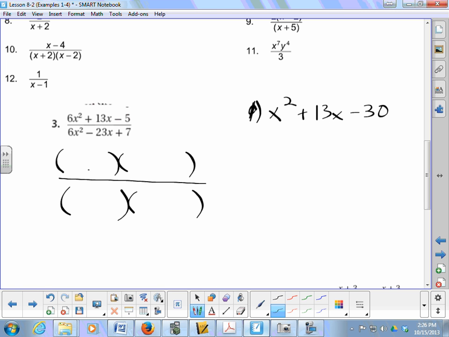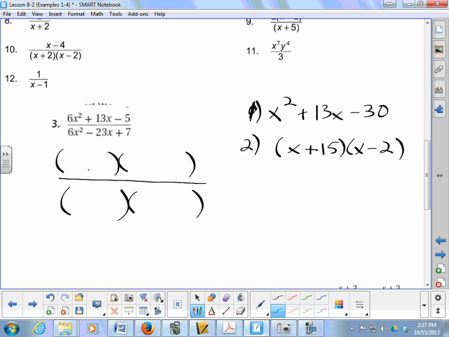So what are the factors of negative 30 that add up to 13? Okay, 15 and 2. So it's going to be positive 15 and negative 2. Our second step for slide and divide is to factor it. 15 times negative 2 is negative 30, and 15 minus 2 is 13.